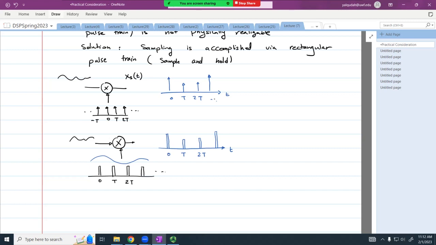But going from here to here, how do we know the impact of what we're doing on our signal? It is straightforward. If I look at this signal and this signal, how do I generate this signal from this signal? Any ideas?